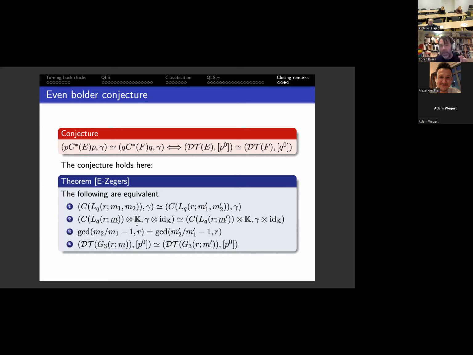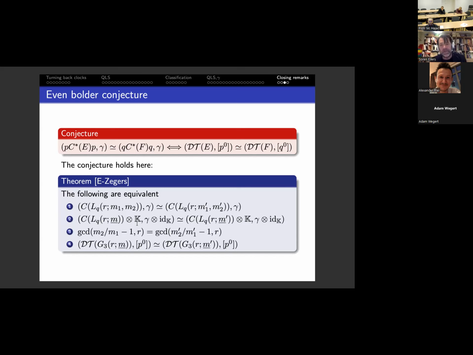This is a little bit technical, but the point is that I really need this shift map. And the shift map only makes sense in these doubly infinite number of copies of the graph, because I need to be able to shift everything to the left or the right. So the dimension group comes with a shift, but this is sort of too big. And I have to look at the corner of this, and this is precisely what the class of the corner projection looks like.